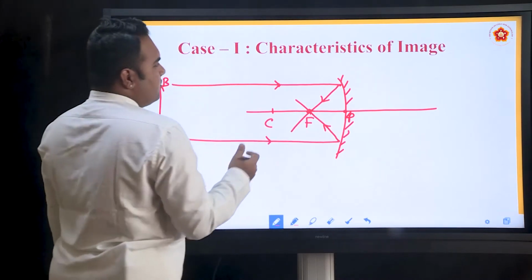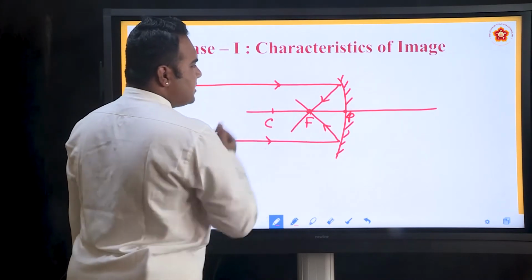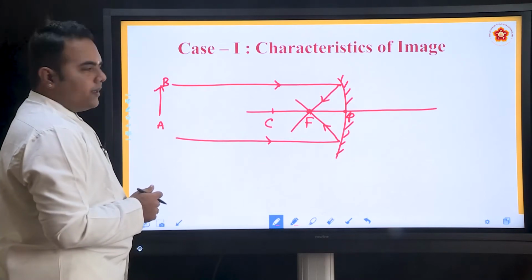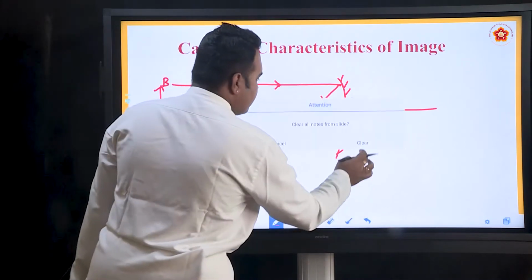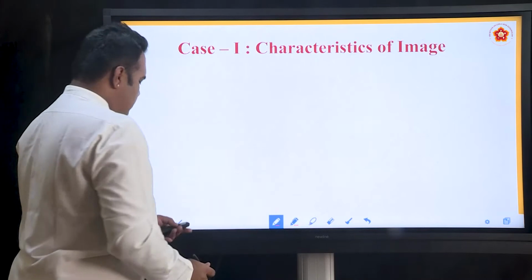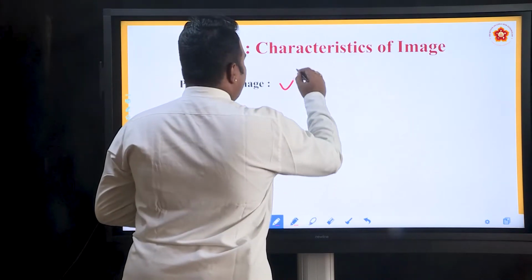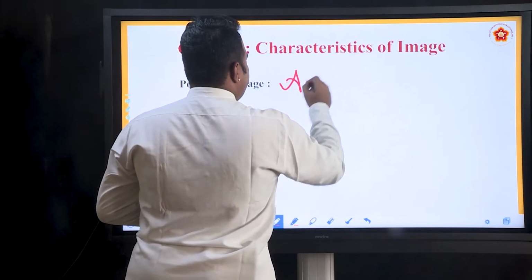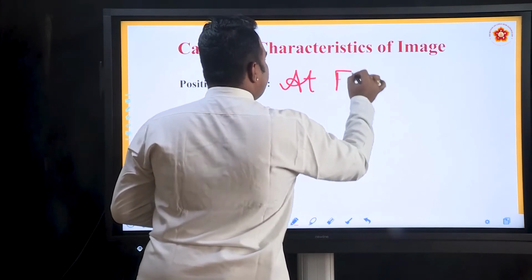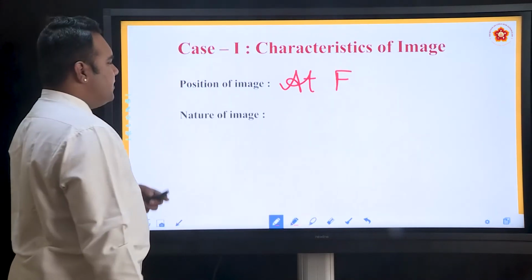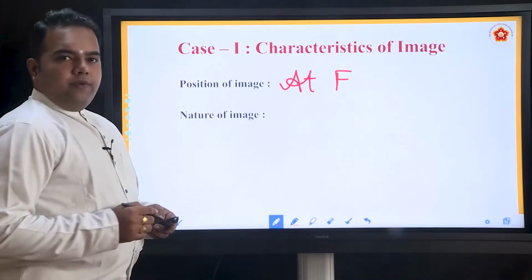Now, we need to check the position, nature and size of the image that is formed. Where is the position of the image? When the object is placed at infinity, the image is formed at the principal focus of the concave mirror. What is the nature of the image?